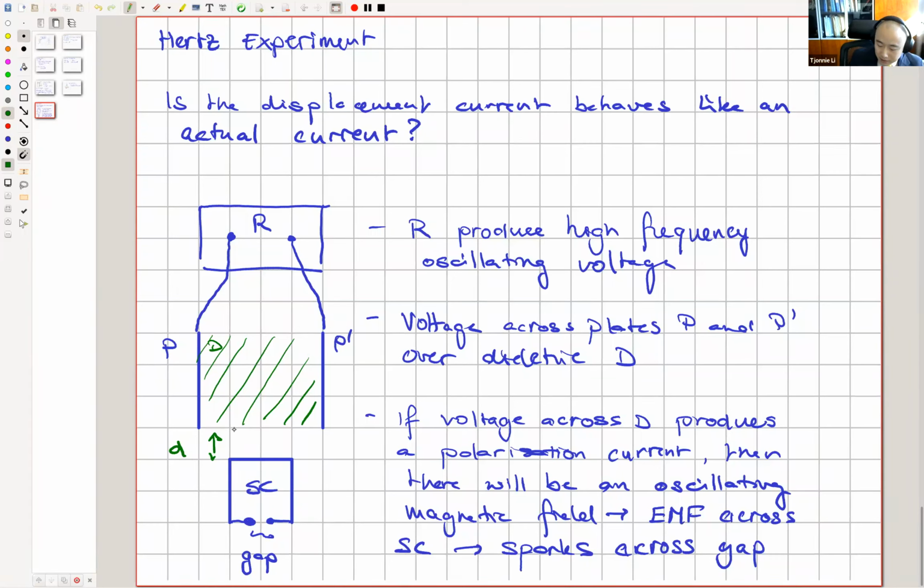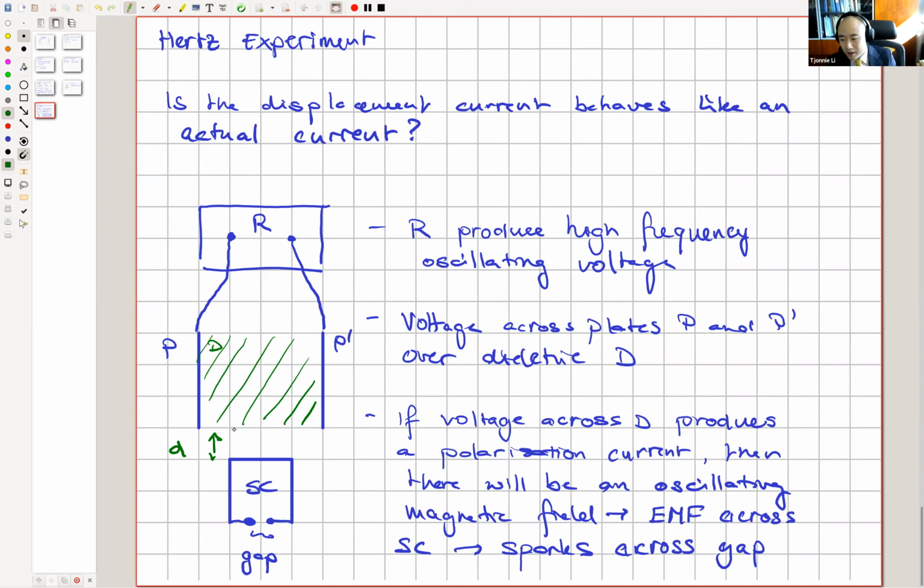This induced current is like an actual current, and the process of the sparks happens at some finite speed, over some distance.